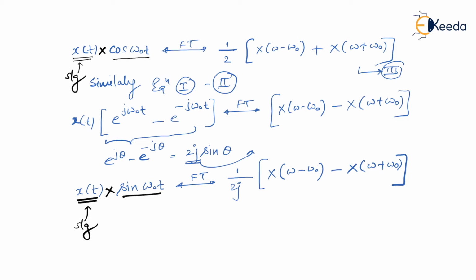So either you are multiplying with sine or with cos, and then what happens in the frequency domain, as you have seen, is the frequency shift happens on two sides: X of omega minus omega naught and X of omega plus omega naught. Here also you get two frequency terms, that is X of omega minus omega naught and X of omega plus omega naught. This is what we call modulation.